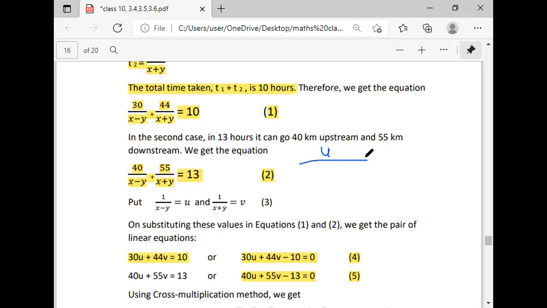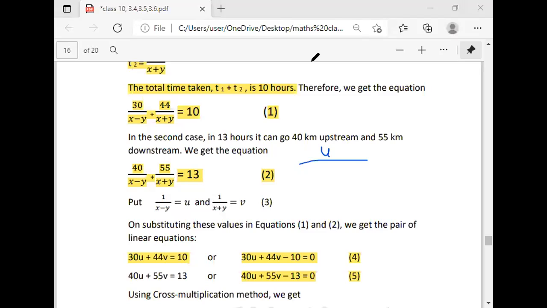Do you know it? No, sir. Why? We learned it yesterday only, and still if you don't know, how will you write it for the exam? How will you use it? Learn well, okay? I keep reminding you because this method and this chapter is very, very important for your exams. Okay, sir.